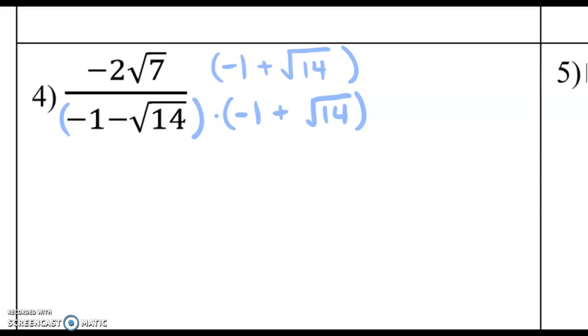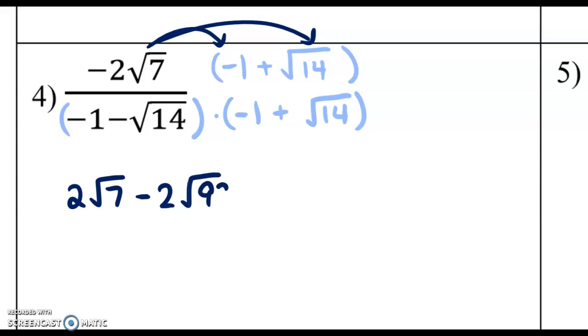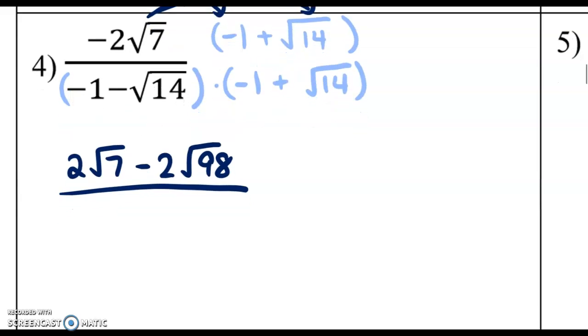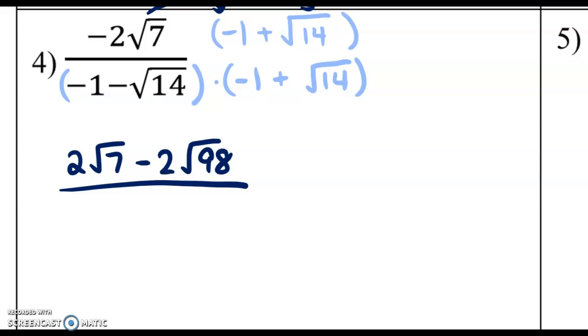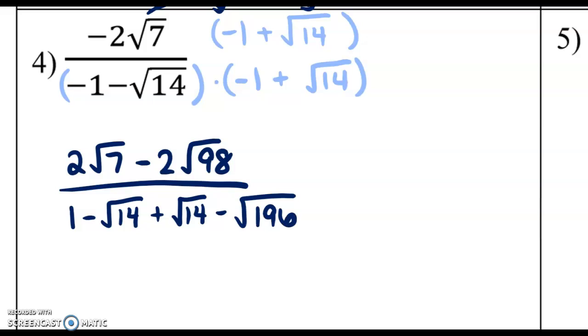So the top is the distributive property. So I'm going to go through and use the distributive property. So the first one's going to be 2 root 7 minus 2 root 98. Now the bottom is when I have to go through either double distributing or foiling again. So if I go first, outer, inner, last, that's going to give me 1 minus the square root of 14 plus the square root of 14 minus the square root of 196.